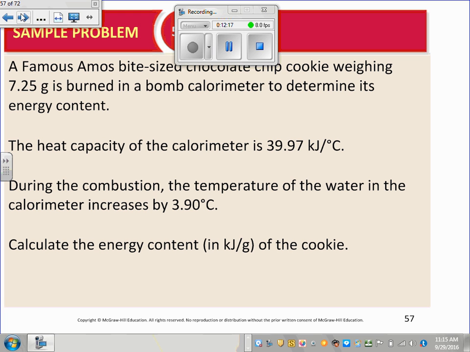We had determined that the heat capacity of the calorimeter is 39.97 kilojoules per degree C. When we burn it, the temperature of the water increases by 3.9. So our delta T is 3.90 degrees C. Calculate the energy content in kilojoules per gram of cookie.